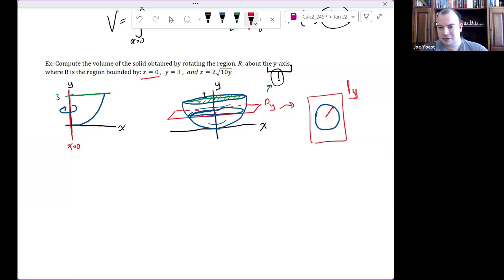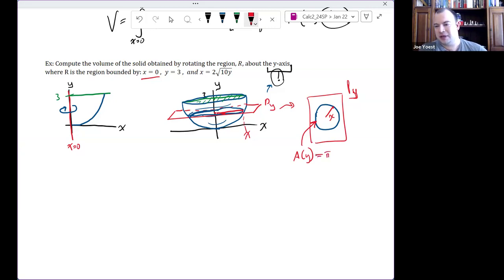If I point directly out to the right, for this value of y, that's associated with x. So I just have radius x, and I'm looking for cross-sectional area A of y. For a given height y, what's my cross-sectional area? And then I stack those wafers bottom to top instead of left to right.